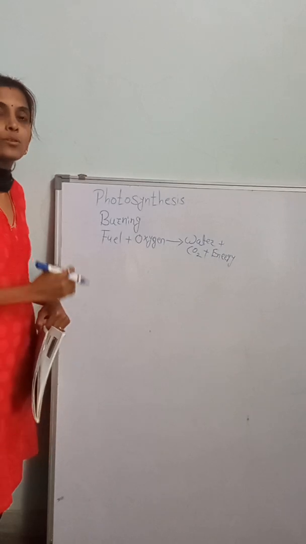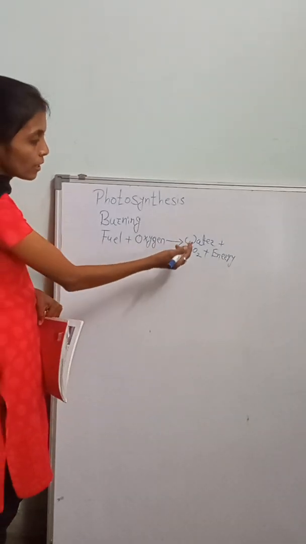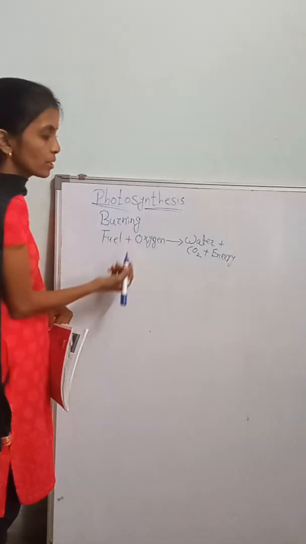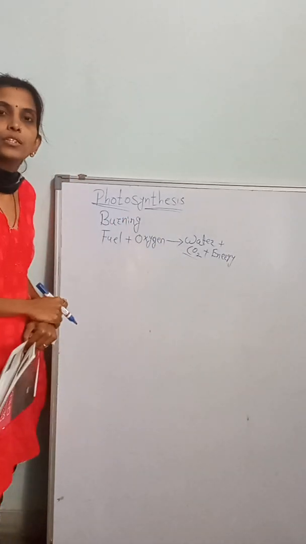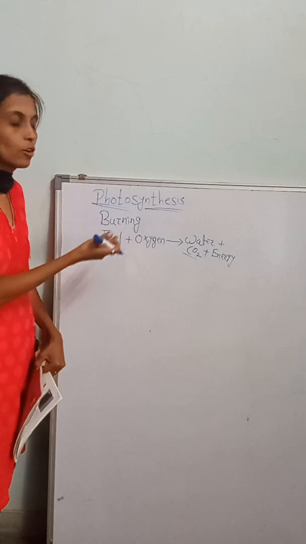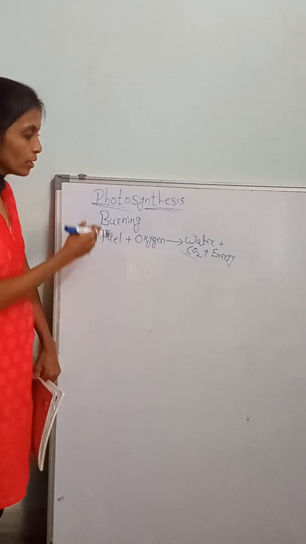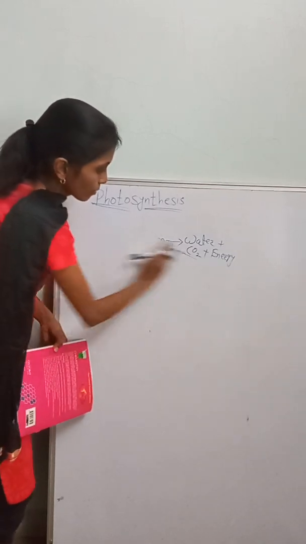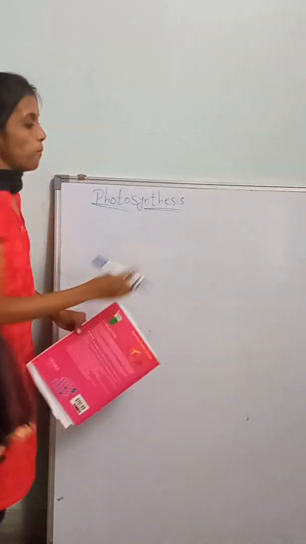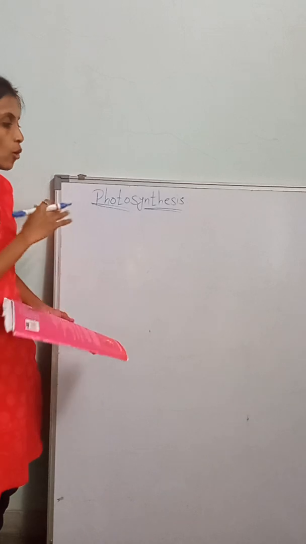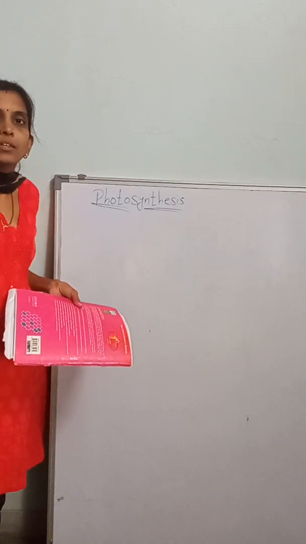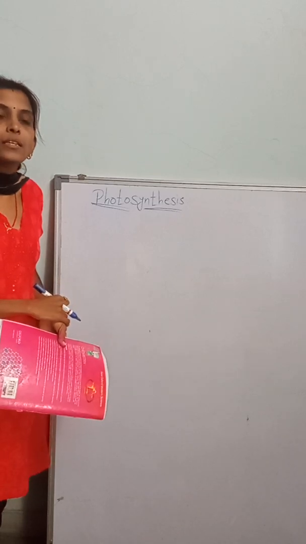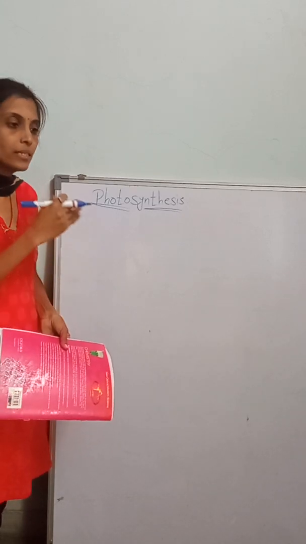In the photosynthesis process, this carbon dioxide is used up for the formation of food. Now we study it step by step. The water vapor released as a waste product in the burning process is part of the water cycle, meaning it evaporated.